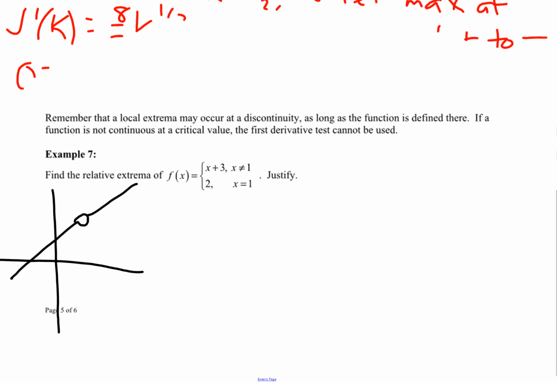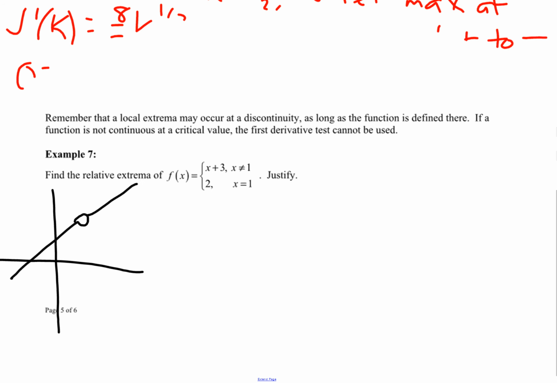All right, so if you look at the graph, we don't have to take a derivative, we can just look. And so f has a relative minimum value of 2 at x equals 1.